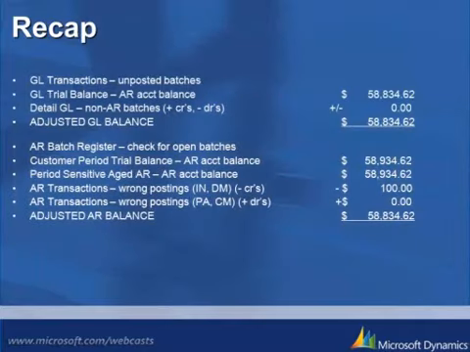But first, I'd like to recap just on what we've looked at and kind of where we got the numbers from. So discrepancies between the balances of the AR period reports and the general ledger balance on your AR account, generally it's usually caused by entries that were affecting the AR module that are never posted to your general ledger accounts, or entries were made directly to the AR account in general ledger, did not originate through the AR module.